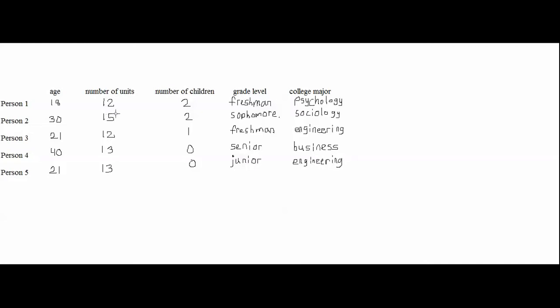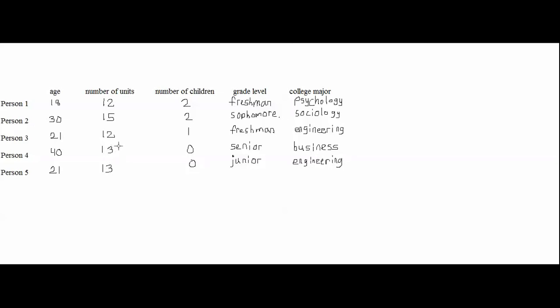So let's look at the number of times 30 appears in the age column. 30 appears once in the age column, so the frequency of 30 is 1, because the age of 30 only appears once in the data set. Let's look at the number of units column and look at this value of 13 units. The value of 13 units actually shows up twice in the data set because we have 2 people who are taking 13 units.